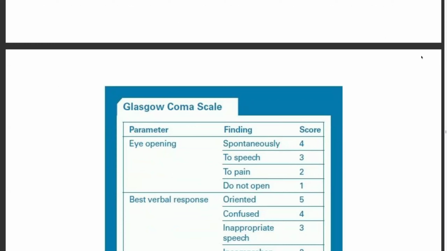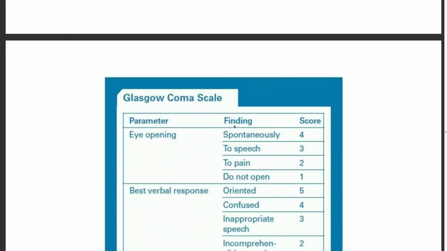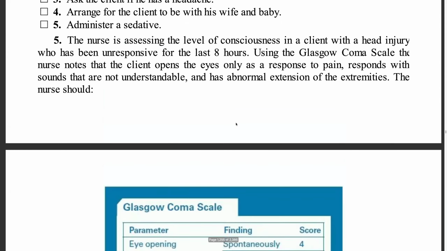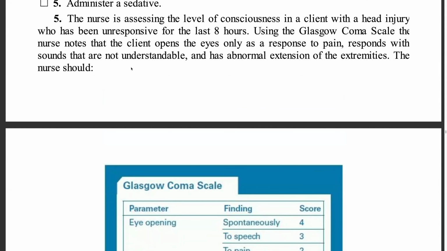Very good, Nurse Jean. Very good. You got it. Okay. So for eye opening, they open it to pain. Okay. Next, it says they respond with sounds that are not understandable.